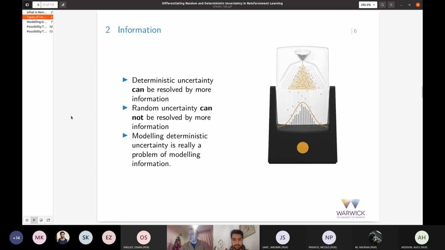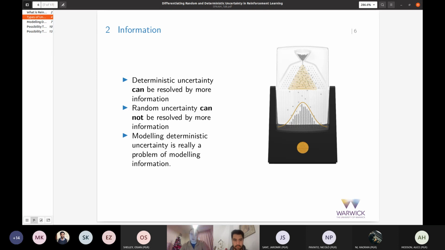And that links into this. One of the key ways to differentiate between the two types of uncertainty is that deterministic uncertainty can be resolved by more information, whereas random uncertainty can't be.